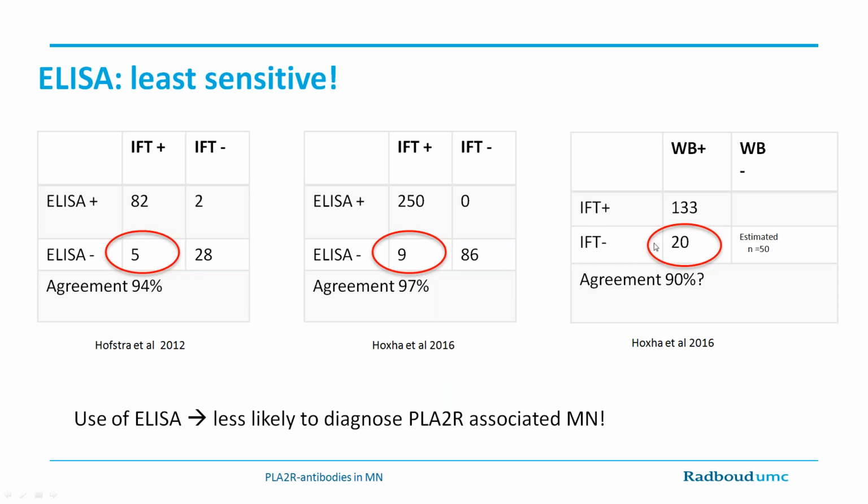Also, when you compare IFT and Western blot, it's clear that the IFT is less sensitive than the Western blot. Overall, the ELISA technique is the least sensitive technique, which means that to diagnose PLA2R-associated membranous nephropathy, immunofluorescence techniques give you a better value.